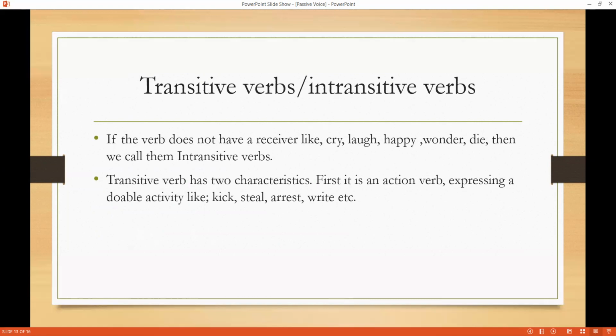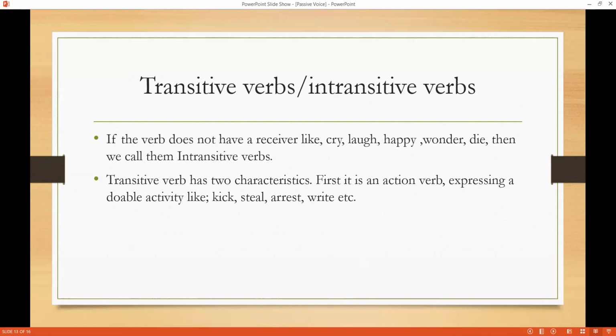The passive voice is only possible for transitive verbs, that is, verbs that take an object, like kick, steal, arrest, write, etc. So that's very important to keep in mind.